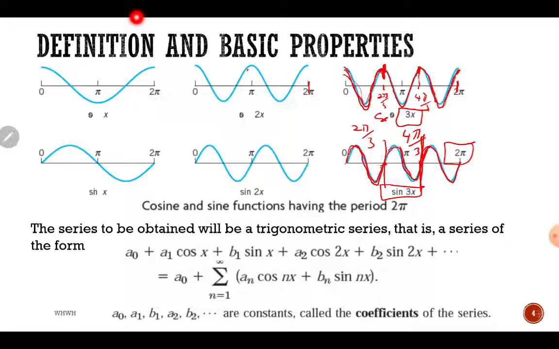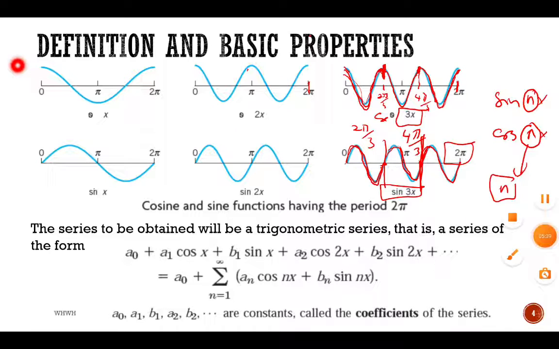Alright, so if you have a graph of sin nx or cos nx, n tells you how many cycles will be completed within the period of 2 pi. So if we say sin 3x, it is known that within the 2 pi period we will have 3 cycles.